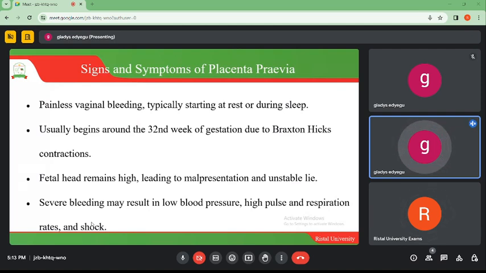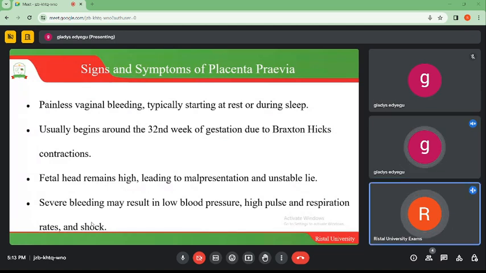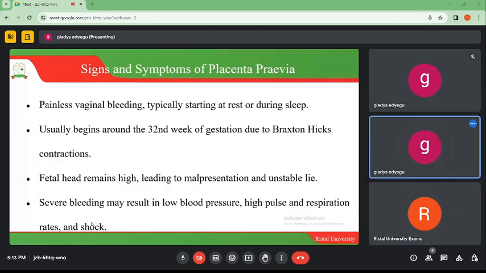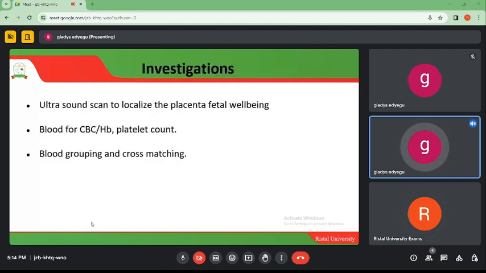So the respiratory rate gets high, and the mother can easily present to us when she is in shock, with all the signs and symptoms of shock: the cold, clammy skin, low pressure, and so on. So severe bleeding is actually very dangerous for mothers with placenta previa.